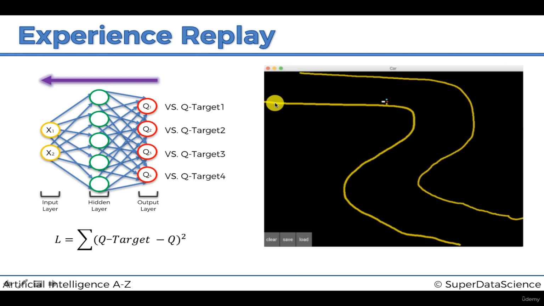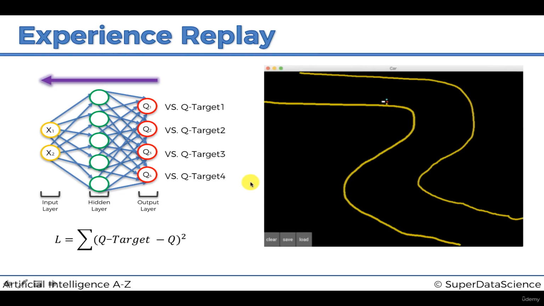And so it randomly selects a uniformly distributed sample, and uniformly is important here because that's something we'll talk about on the next slide. So basically all experiences are considered to be equal. It takes a uniformly distributed sample from that batch of experiences that it has, and then it goes through them and learns from them.